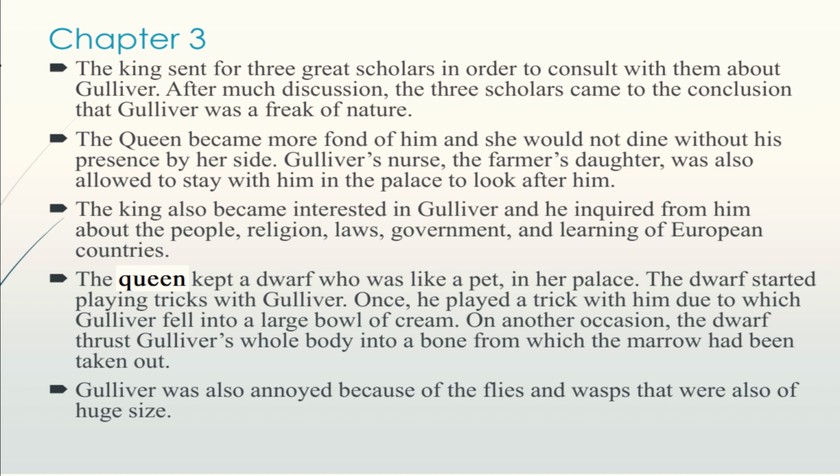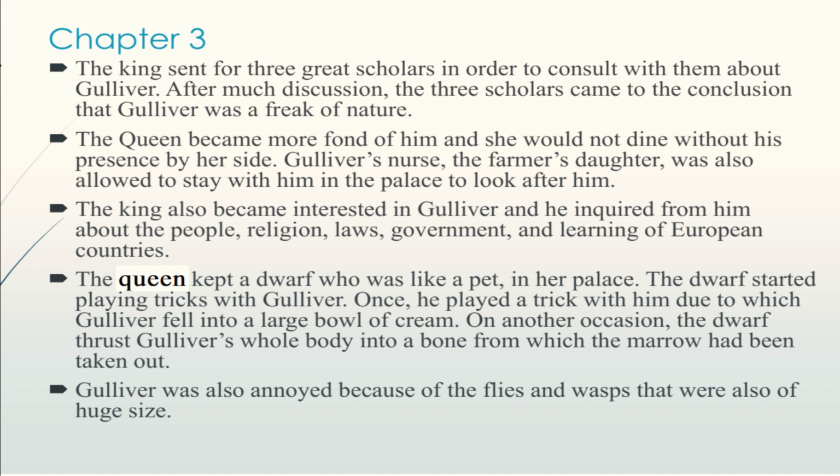The king also became interested in Gulliver, and he inquired from him about the people, religion, laws, government, and learning of European countries. The queen kept a dwarf who was like a pet in her palace. The dwarf started playing tricks with Gulliver.